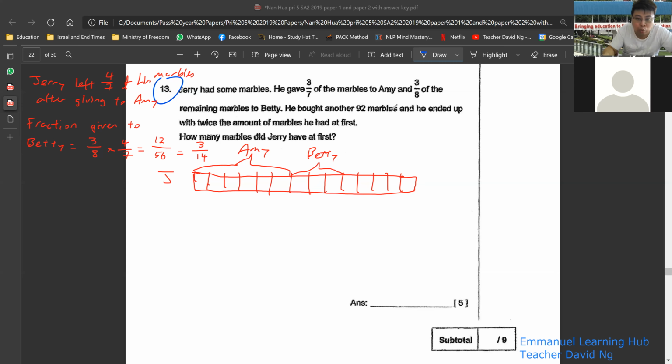And he bought another 92 marbles, and he ended up with twice the amount of marbles he had at first.